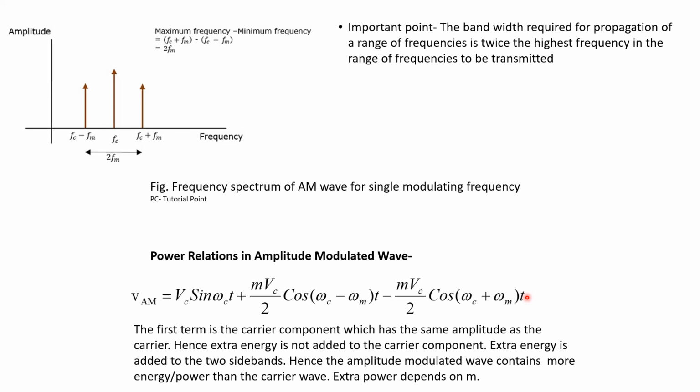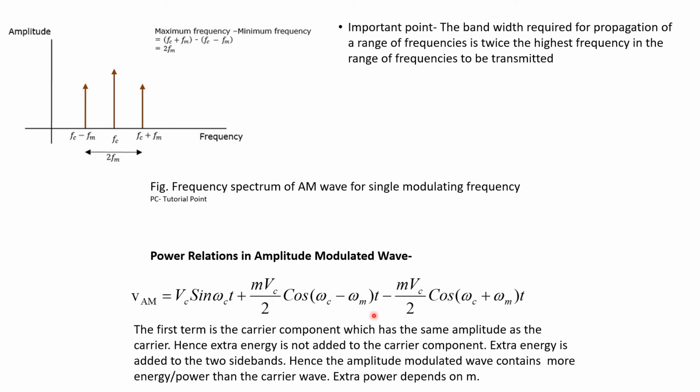These two extra frequency components have some amplitude and other variations, in the form of a complete lower sideband wave and upper sideband wave. Naturally, had it been only the carrier wave, the power required would be concentrated only for the carrier wave.